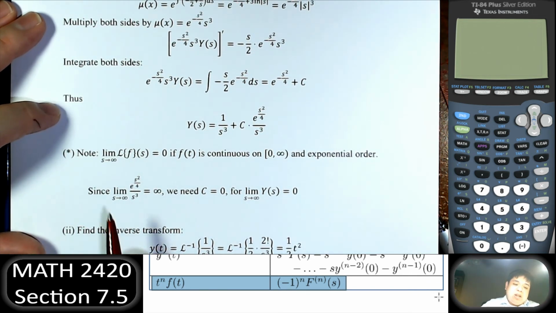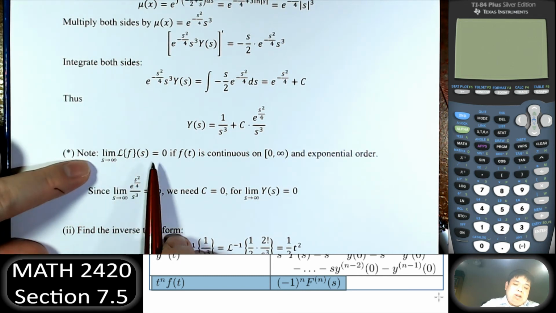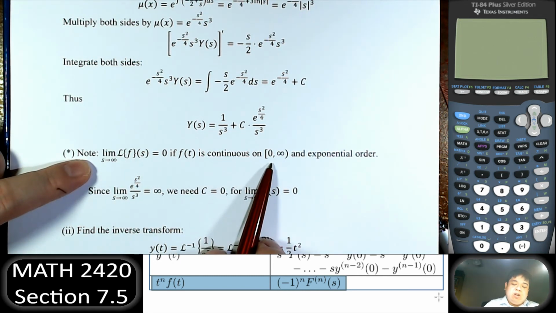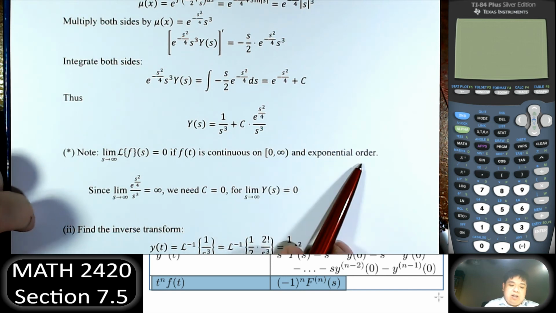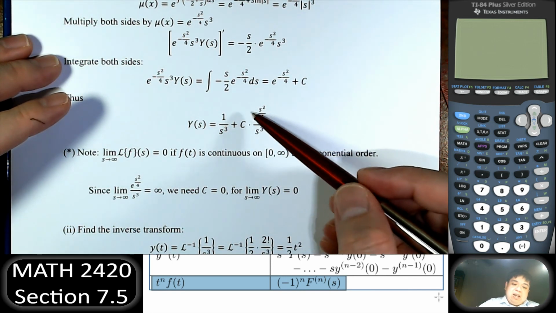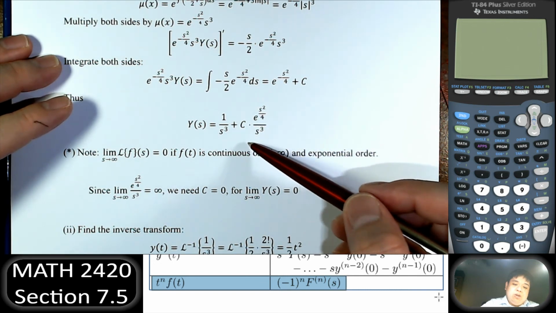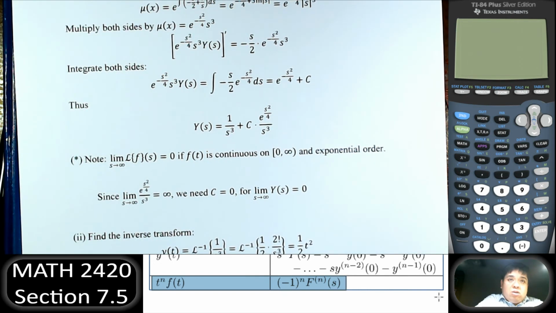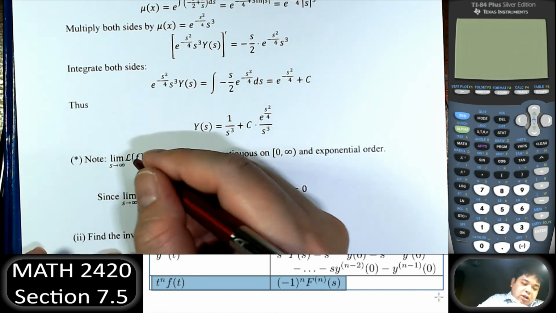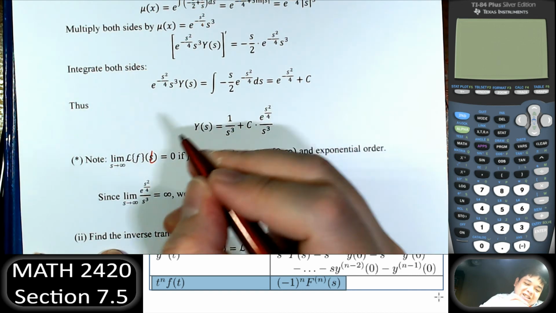Now notice that the Laplace transform goes to 0 if the function is continuous and of exponential order, meaning that this has to be equal to 0. I think this should be a t, sorry.